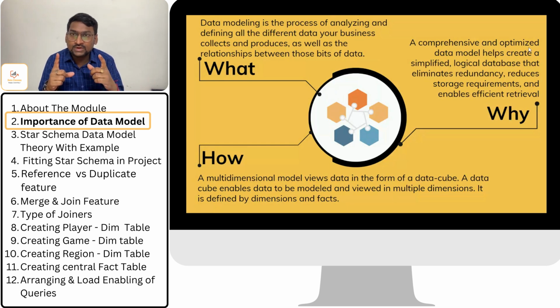Instead of having one very big table with all the information, why not keep this information in multiple different tables, right? So that these tables will be smaller in size, and we can fetch the data from these smaller tables as efficiently as possible.